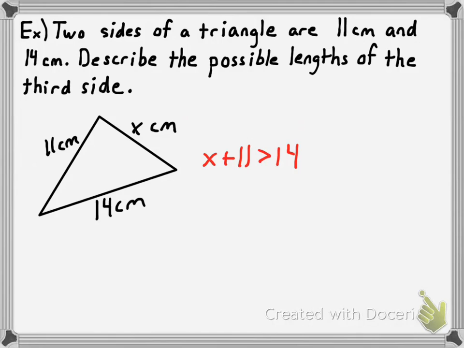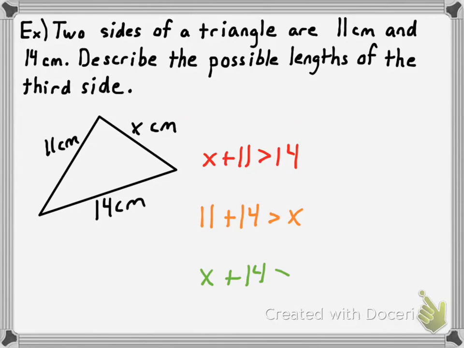If I add up 11 and 14, that sum has to be greater than x. And if I add up x with 14, that sum has to be greater than 11.